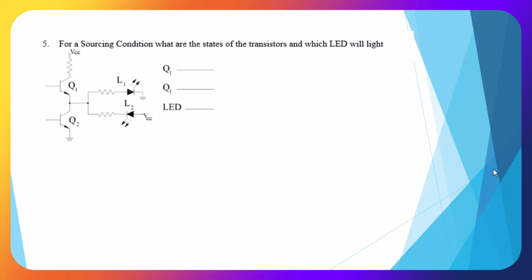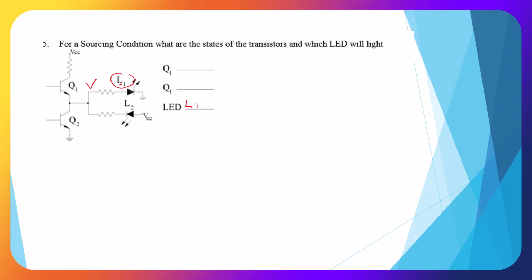Okay, here's our standard totem pole circuit, and we want a sourcing condition. So sourcing is going to be V. So let's put a V here. If we have voltage here, that means L1 is going to light.